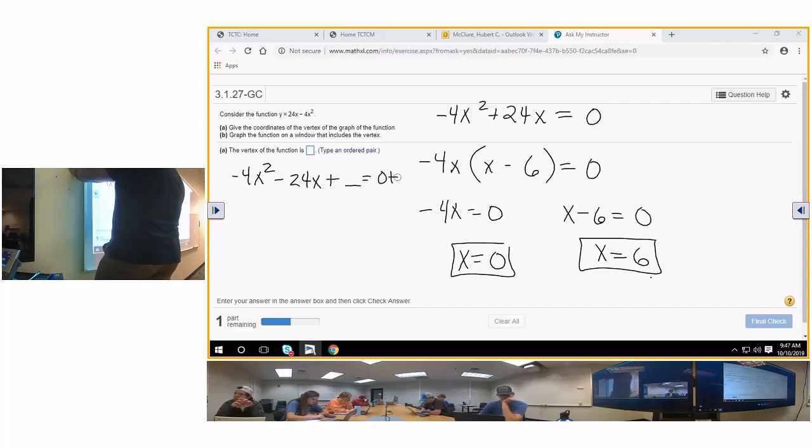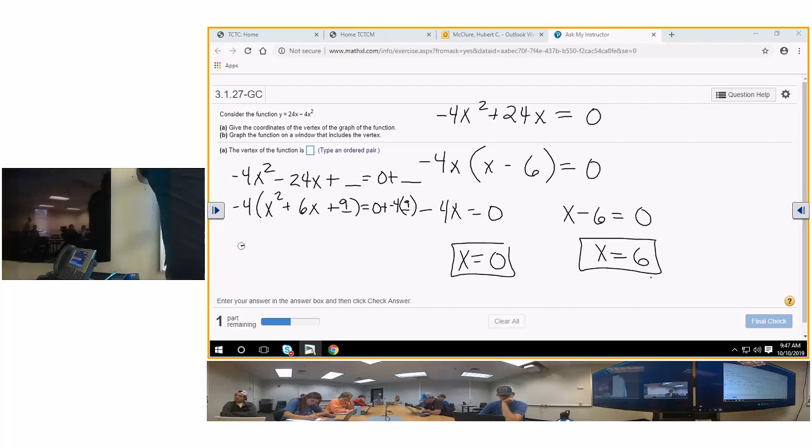0 plus blank. Negative 4, that's going to give me x squared minus 6x, that's plus 6x, plus blank is equal to 0 plus negative 4 times blank. And what's half of 6? 3 squared? 9.